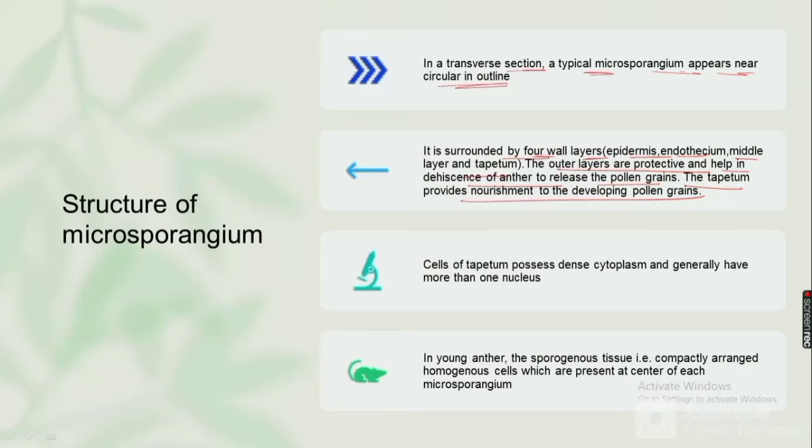Cells of the tapetum possess dense cytoplasm and generally contain more than one nucleus. This dense cytoplasm gives nourishment to the pollen grains. In the young anther, the sporogenous tissue, that is the compactly arranged homogeneous cells present at the center of each microsporangium, leads to the development of pollen grains.